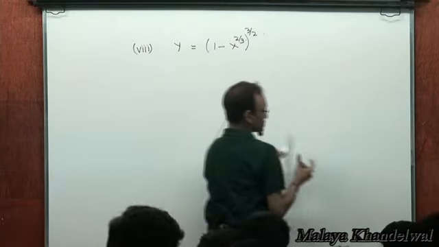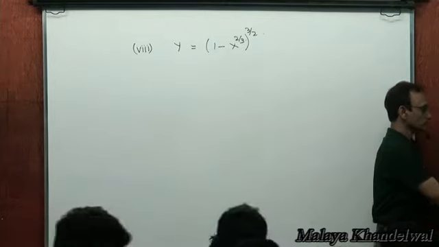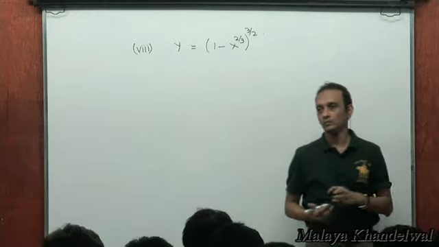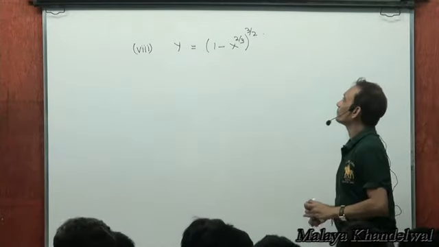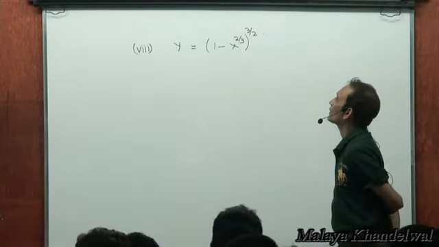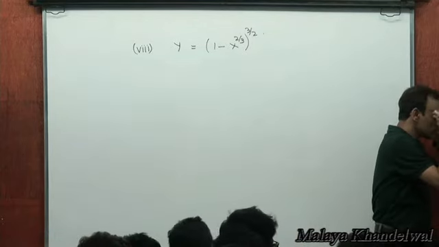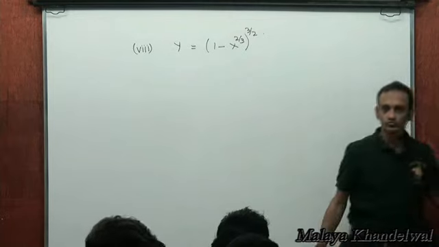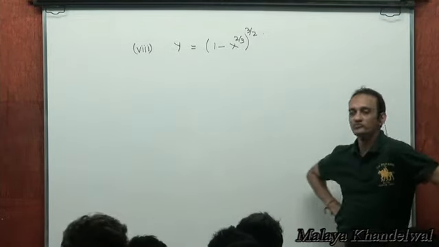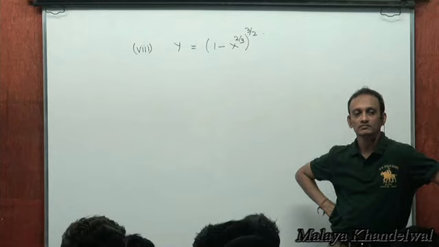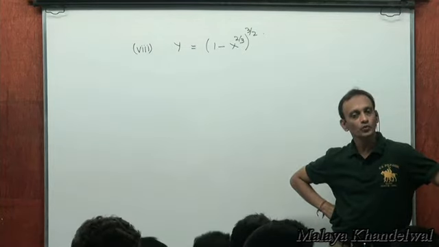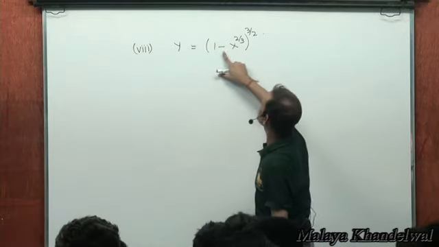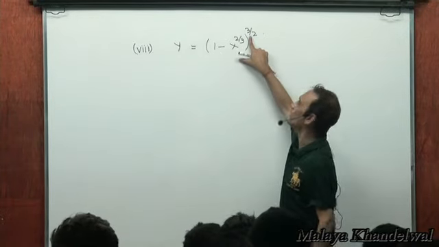Let me draw this. One minus x to power 2 by 3 whole to power 3 by 2. Even powers of x. Symmetric about the y-axis. And this could have been written as y squared is 1 minus x to power 2 by 3 whole to power 3.